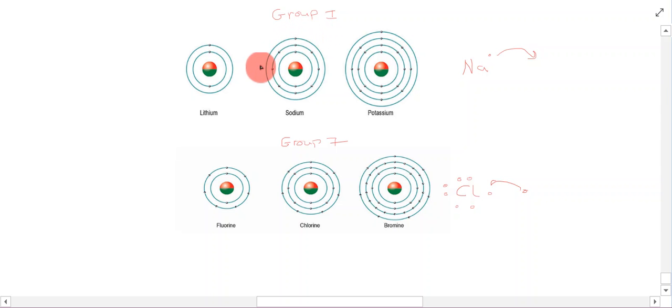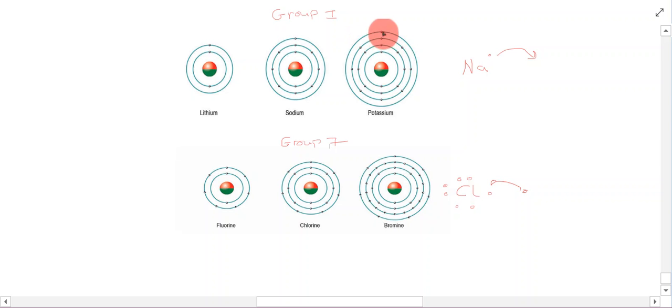So as the radius of the atom increases, this outer electron is getting pushed further and further away from the nucleus, and therefore it's not being held on as tightly.